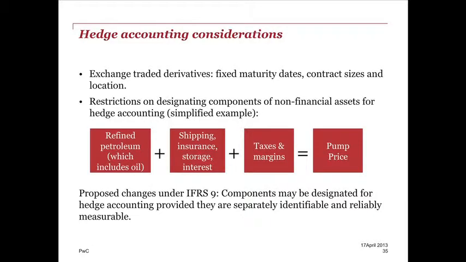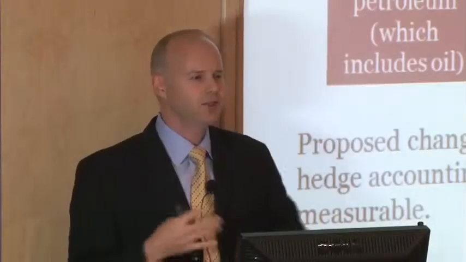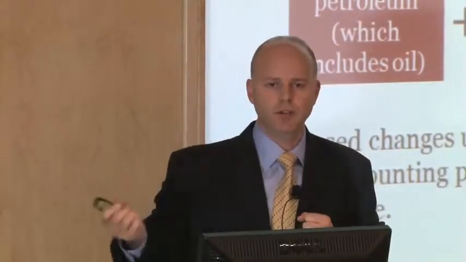Now, what are the key things to think about? One of the inherent things to consider when dealing with exchange traded derivatives, as both Johan, Chris and Harald mentioned, is that you've got fixed maturity dates, fixed contract sizes, and a specific location that the derivative refers to. That could give you some ineffectiveness, because if the price of your underlying hedged item references a different location, there could be a little bit of basis risk between those.